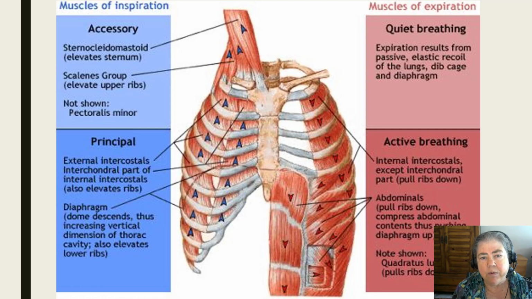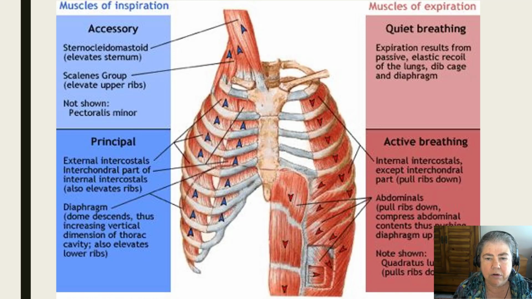But when we're active, when we're exercising, when we are talking, when we are working harder to breathe, and also, as we mentioned, with certain obstructive lung diseases, other muscles get recruited.